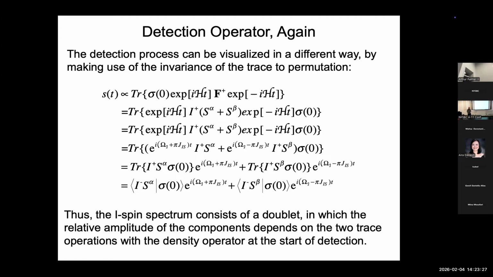We don't have to do the calculation during acquisition. We have to identify at the start of acquisition, does our density operator have components that match what we're able to detect? And our convention, it could have been chosen differently. The convention in NMR, we have to put the signal together to do a complex Fourier transform.